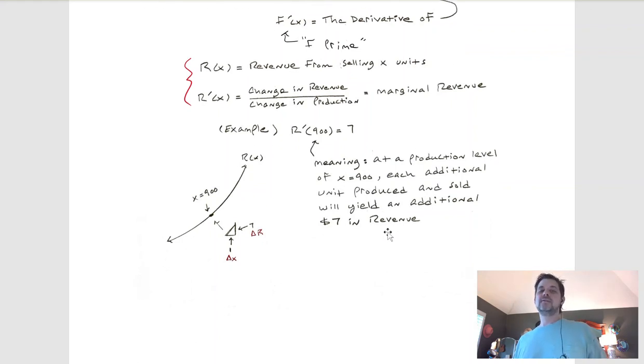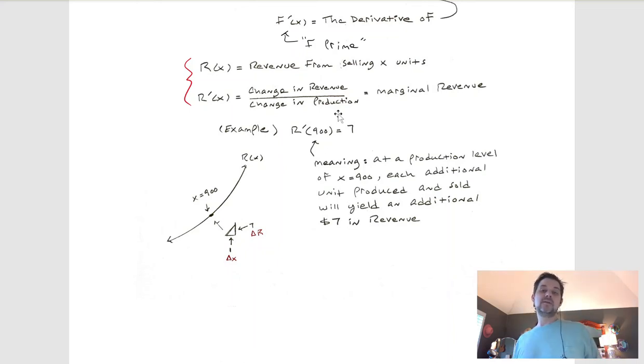Okay, so it might be that I increase production at one level of production and I get a fairly big increase in revenue. But if I increase production at another level of production, I get a much smaller corresponding increase in revenue. It might be that way.